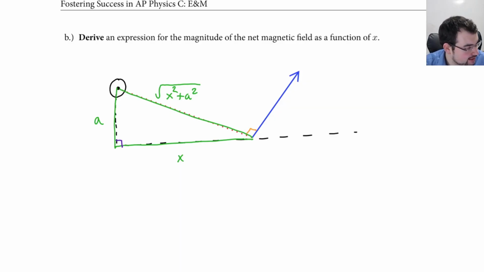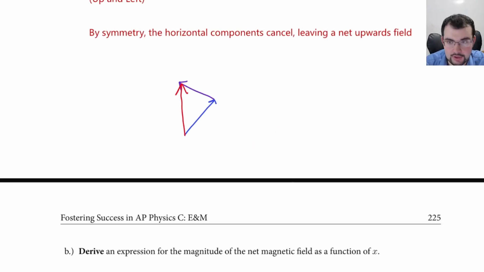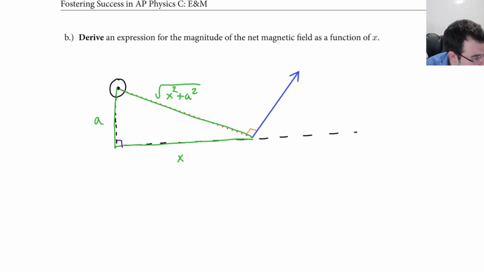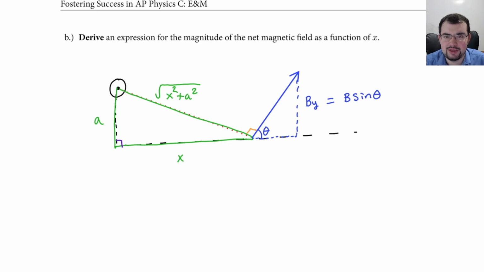But this is the magnetic field. So we said the only one that actually contributes is the vertical component. So what I need is I need to break this vector apart into its y component. So what I'm interested in is this By, which is equal to B times sine theta. And actually, I have to remember that there's two wires, so I'm going to have to double this there too.